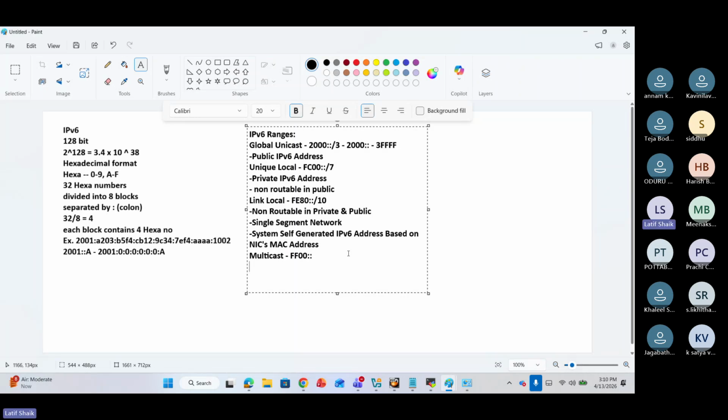It is a unique local address, meaning a private IP address for private use. Global unicast addresses are for public use.